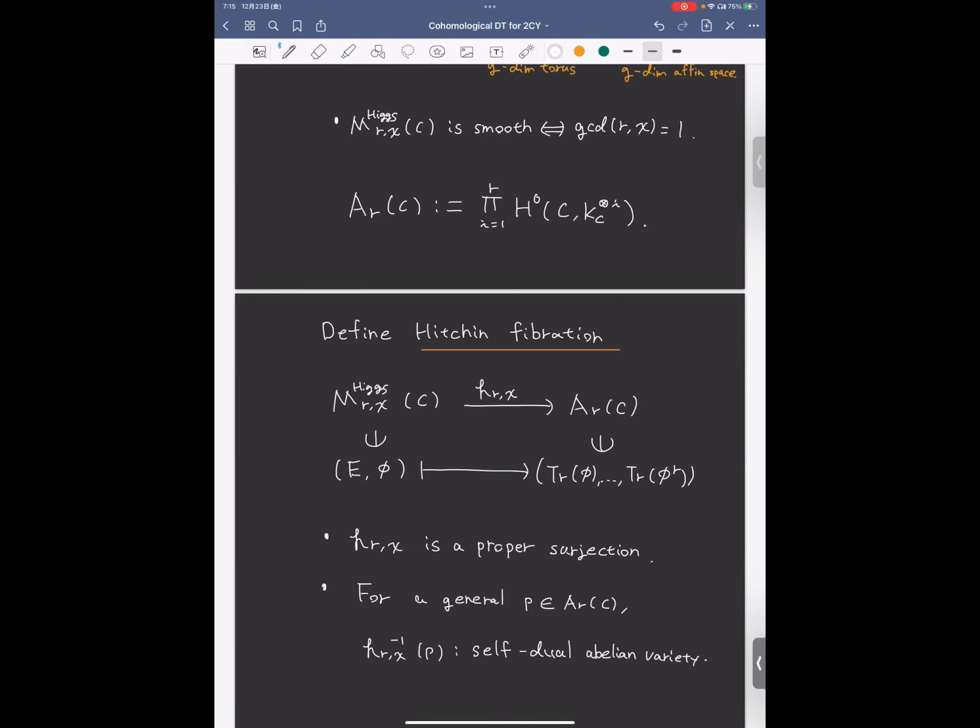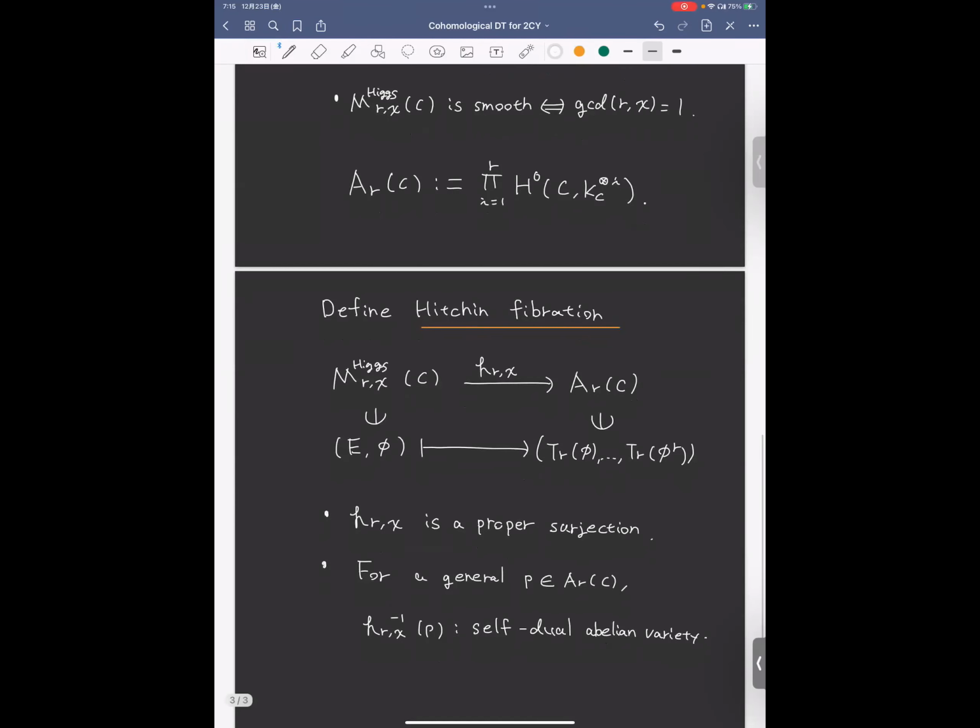And this abelian variety is the Jacobian variety of the spectral curve corresponding to the Higgs bundle.